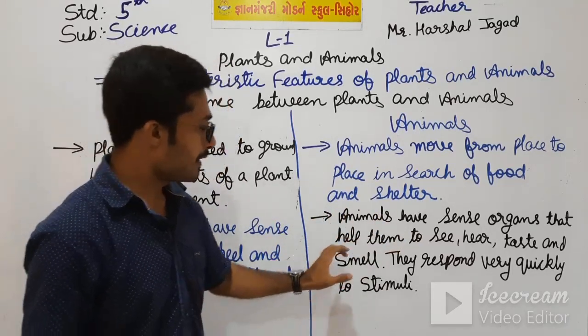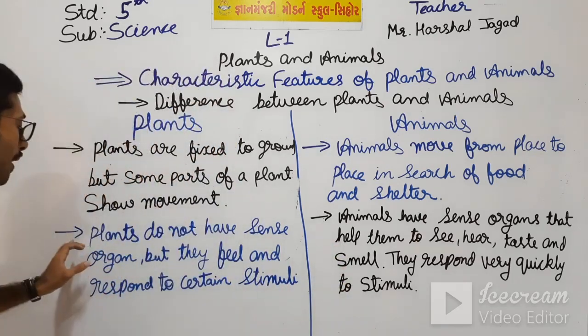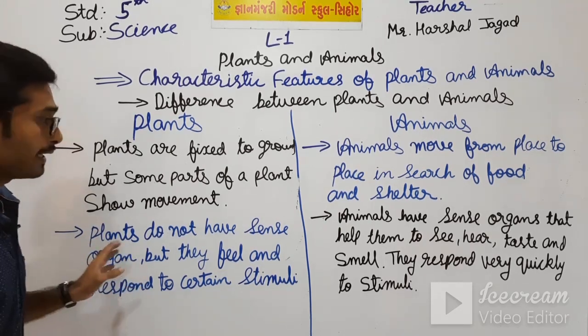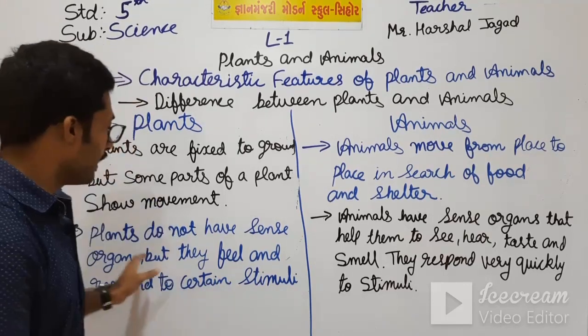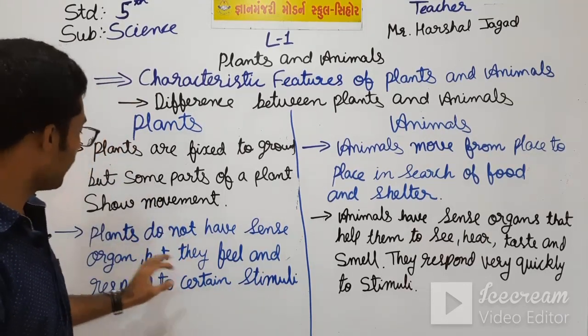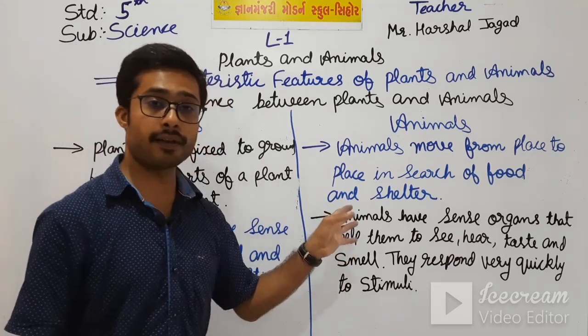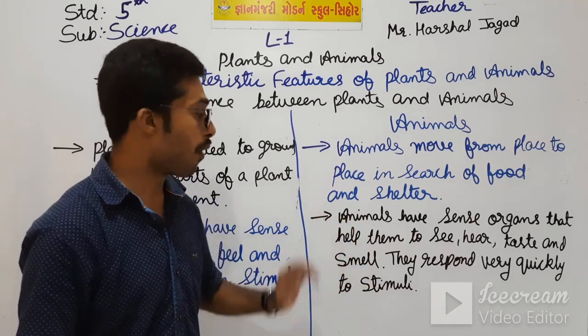And for smell, they have a nose. But in the plants, there are not any ears, eyes or nose. They don't have any sense organ. But in the animals, there are different sense organs for the different functions of the body.